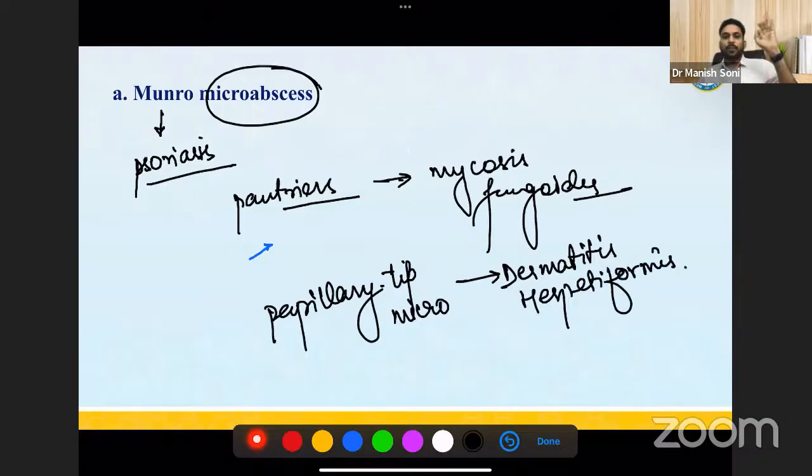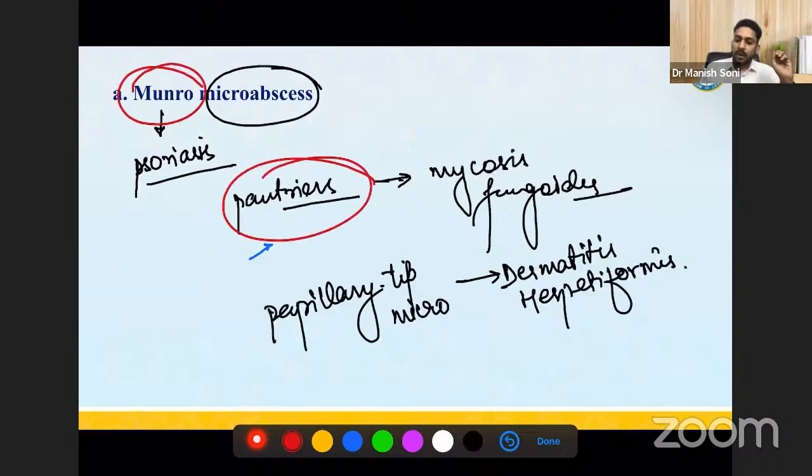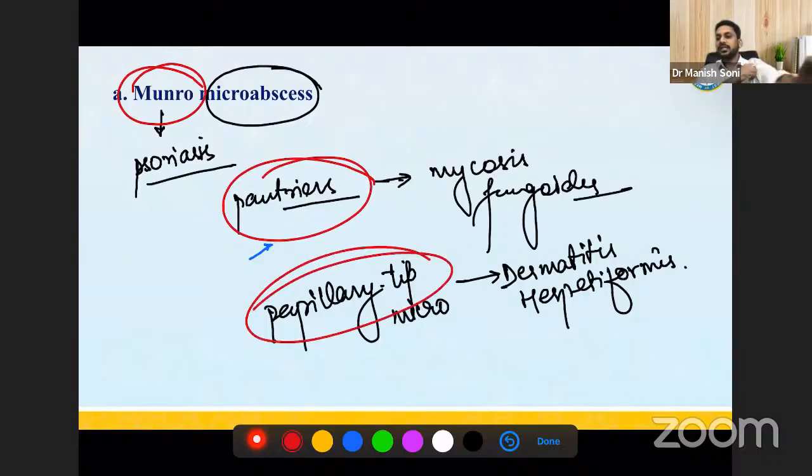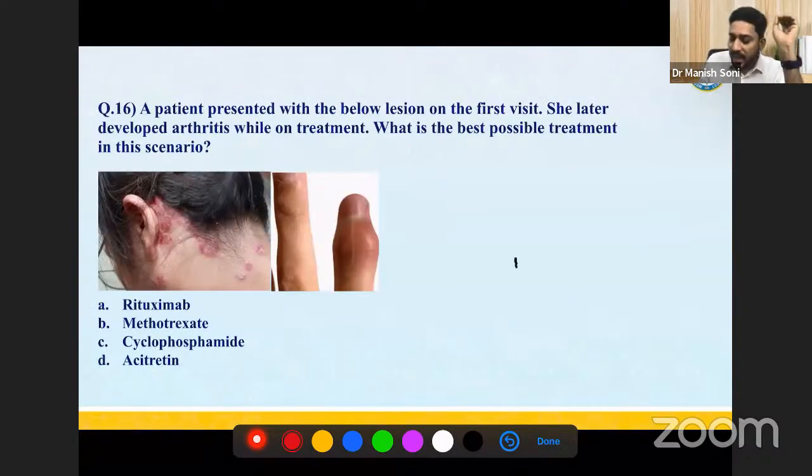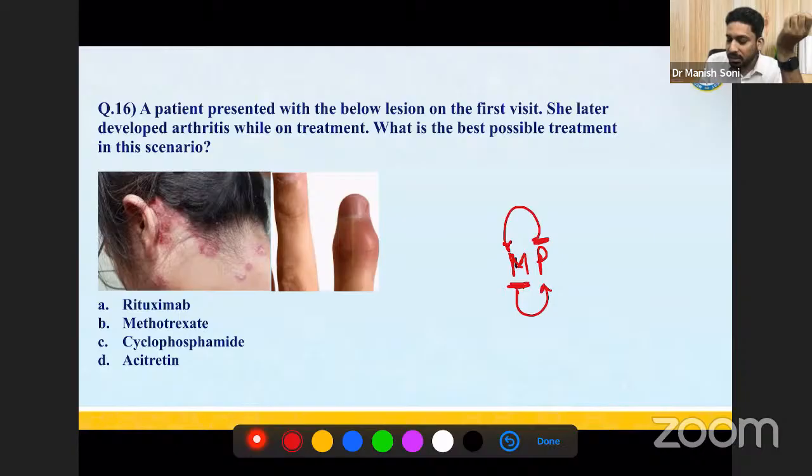So these are 3 very important microabscesses to remember. First, Munro's seen in psoriasis, Pautrier's seen in mycosis fungoides, and papillary tip microabscess seen in dermatitis herpetiformis. और मैंने आपका इसका एक निमोनिक भी बताया था। निमोनिक बहुत ही इजी है, M is seen in P and P is seen in M. So Munro's in psoriasis and P, Pautrier's in mycosis fungoides.